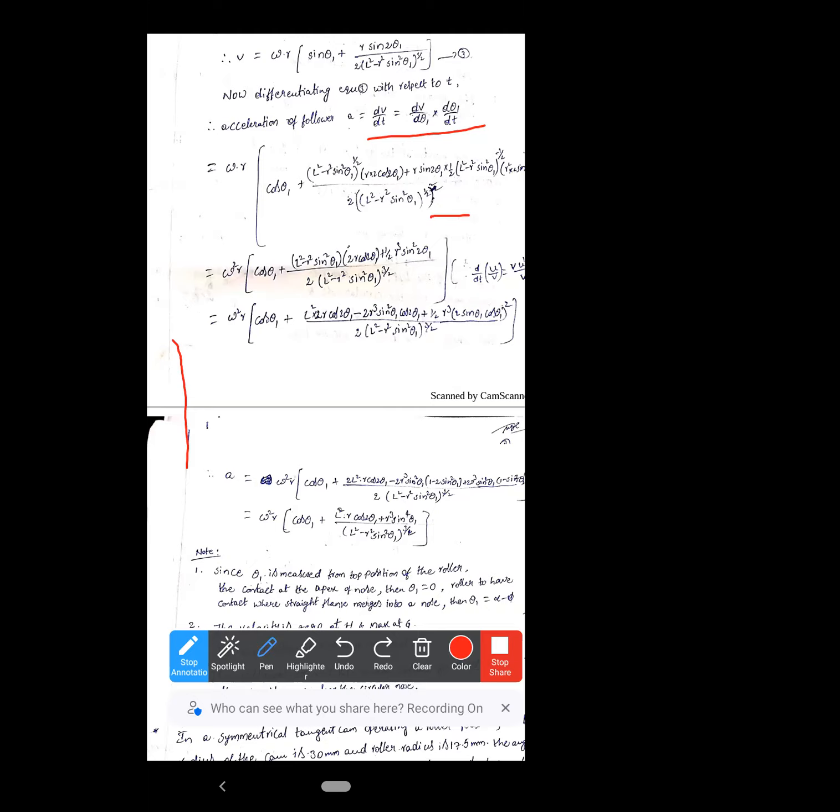So that is 1 by 2 into L square minus R square sin square theta 1, whole power minus 1 by 2, into the differentiation of the inside term, which is minus R square into 2 sin theta 1 cos theta 1. That is written as sin 2 theta 1.